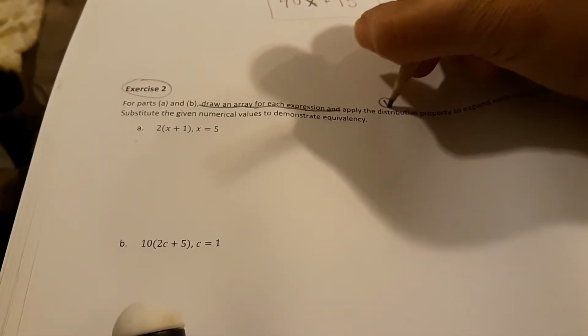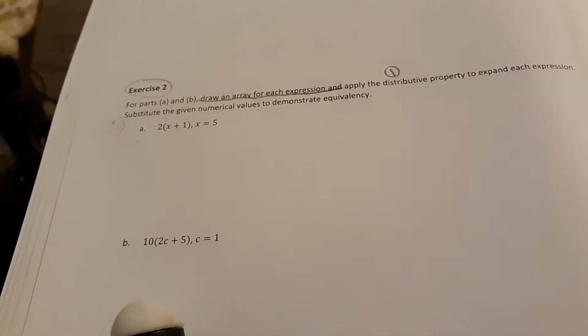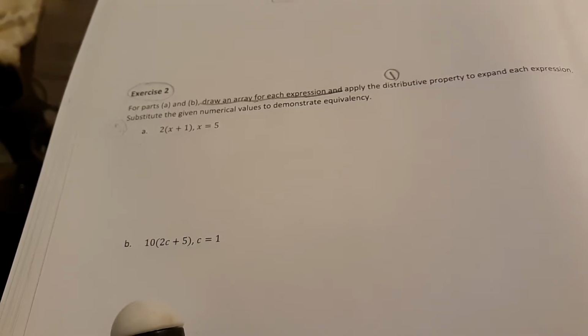Substitute the given numerical values in to demonstrate equivalency. So first, we're going to use distributed property. Then we're going to substitute in values, or plug and chug is what I like to call it.